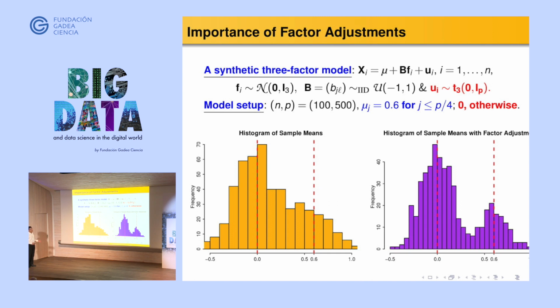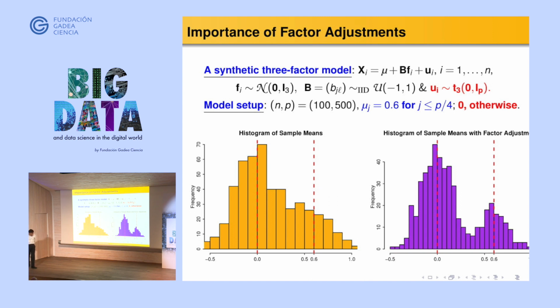And this is really just a factor model, as we expect, and these are just simulated parameters. In this particular setup, I assumed I have 100 microarrays and 500 genes, just imagination. A quarter of those are differentially expressed, and three quarters have no expression, right? Based on my observed X, if I just calculate the sample mean, these are the 500 sample means you get.